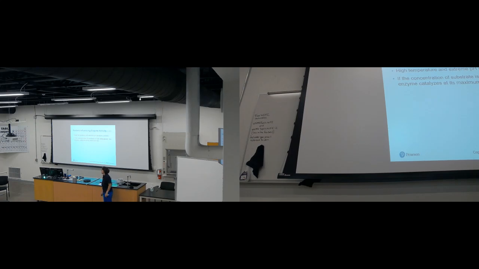Something that can happen with enzymes or any other proteins is that if you get very high temperature, you can damage these enzymes or proteins. They will unfold, they will denature, and then you will lose the function because you don't have that gap anymore to grab the substrates.